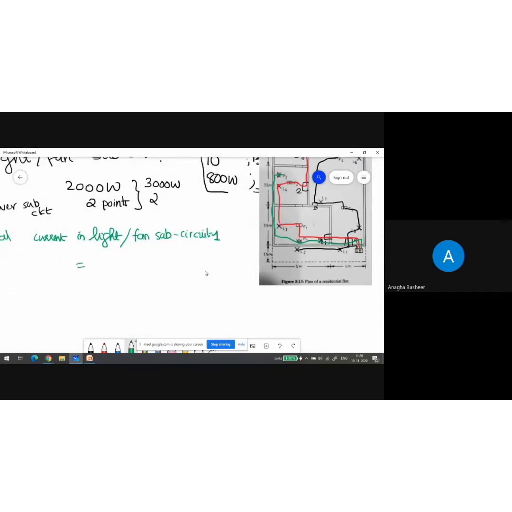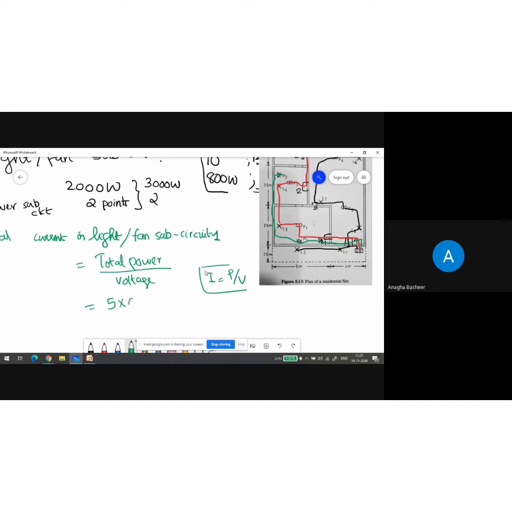So total current in light and fan subcircuit, how will you get? Total power divided by voltage. We know that I is equal to P by V. So power in subcircuit 1, how will you find?